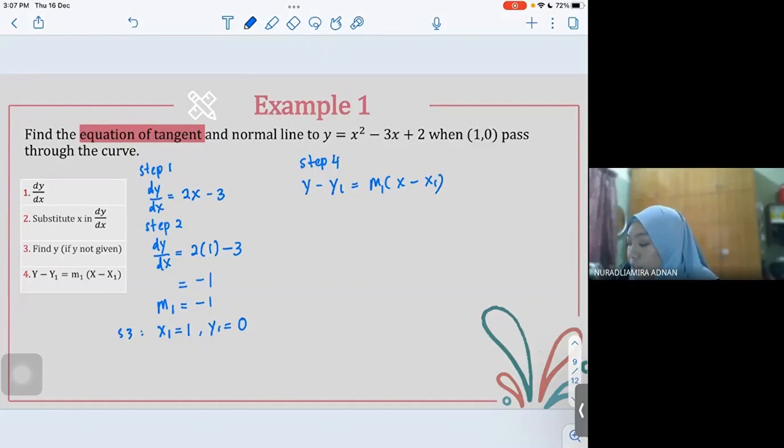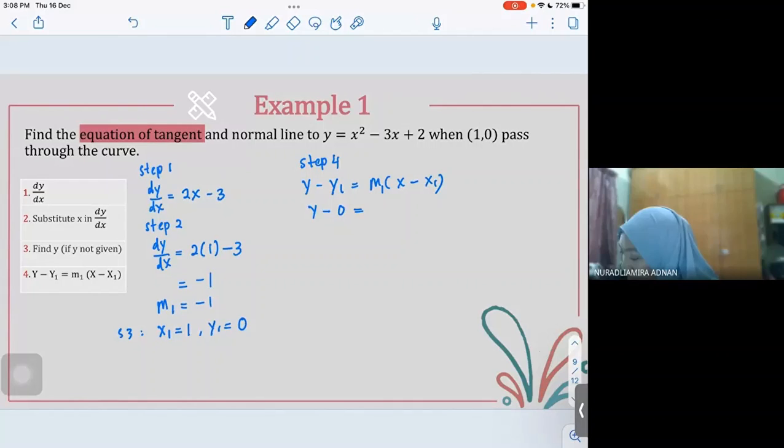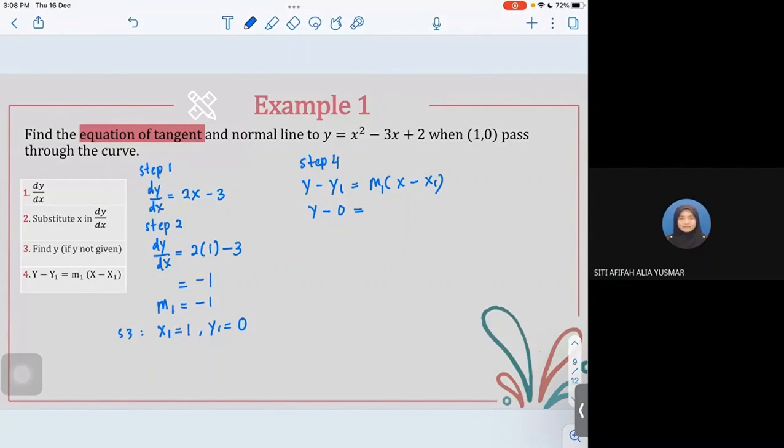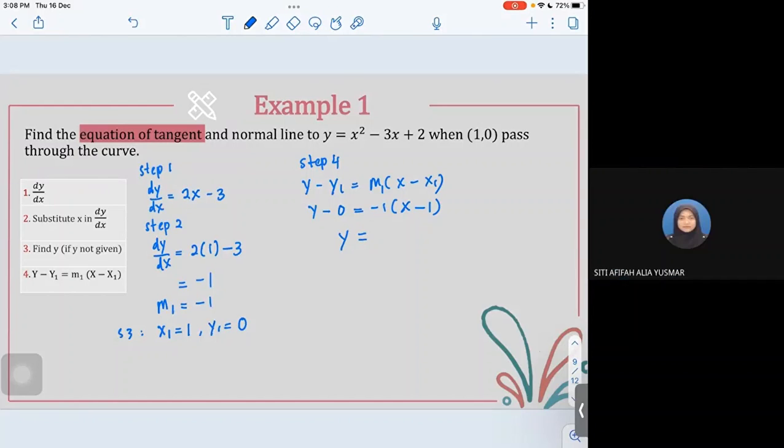Now we substitute the gradient and the point into this general equation of a straight line. So y minus 0 equals negative 1 times (x minus 1). Simplify for me. y equals negative x plus 1.